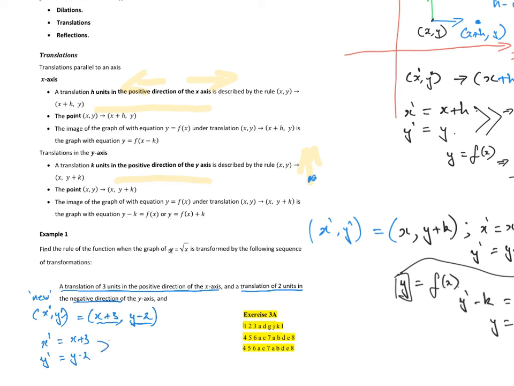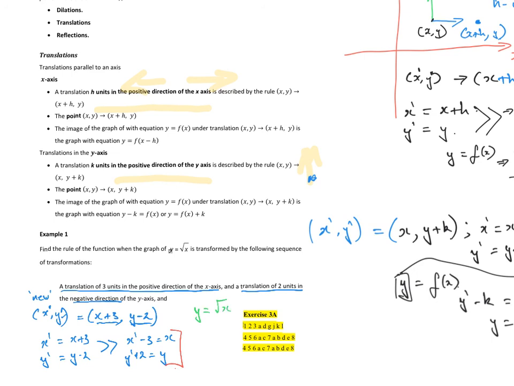Let's rearrange those. And the reason I rearrange those is because my equation is y equals the rule, not y dashed equals x dash. Now, once I've got those two relationships here, I can substitute that into any rule that I want. In this particular case, the rule that I'm transforming is y equals square root of x.